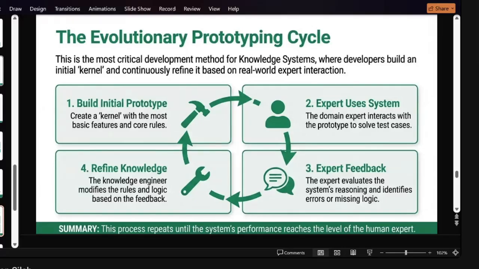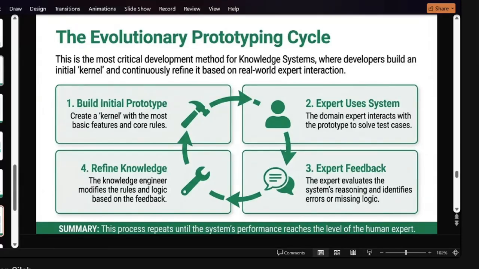The domain expert interacts with the prototype to solve test cases. Then we have expert feedback, where the expert evaluates the system's reasoning and identifies errors or missing logic. The fourth is refine knowledge, where the knowledge engineer modifies the rules and logic based on the feedback.